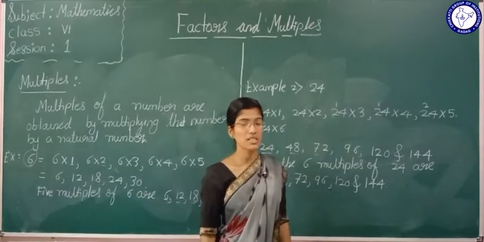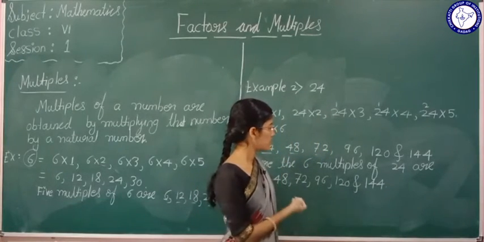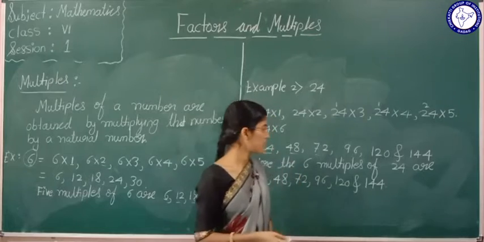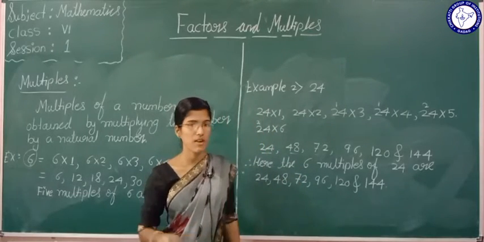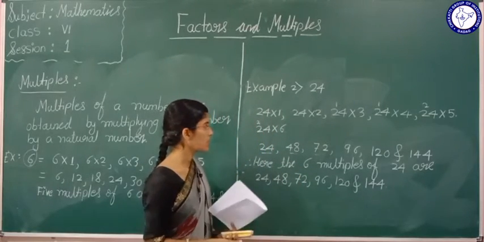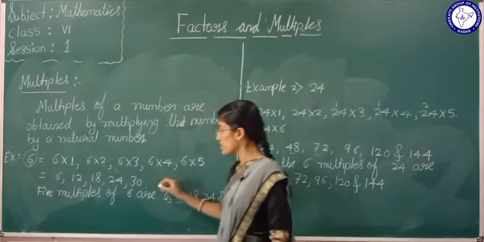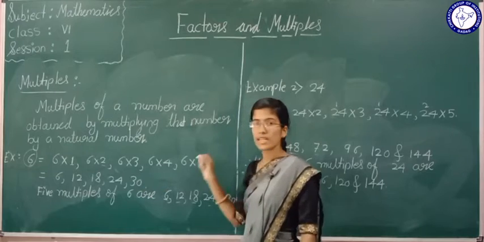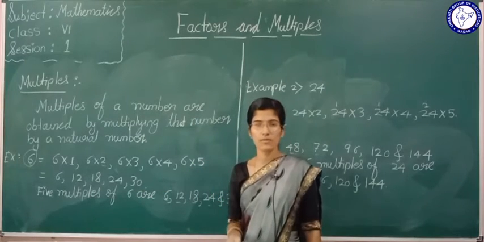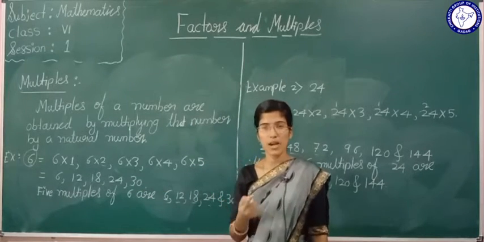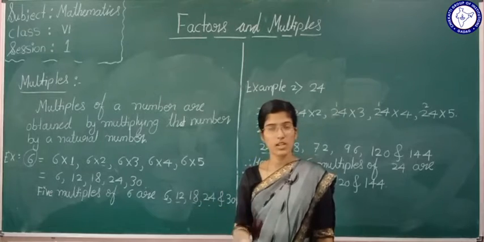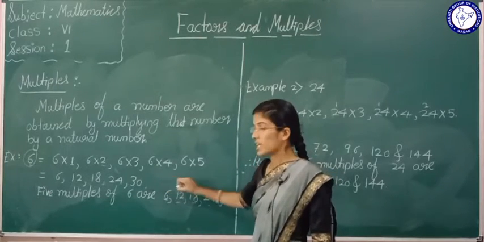Now I am asking a question. If I want the multiples of 6, this goes on continuing, it won't end. 6 multiplied by 100, 6 multiplied by 101, 102, it is infinite.